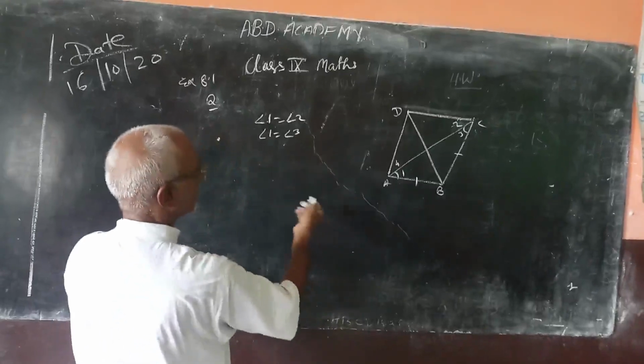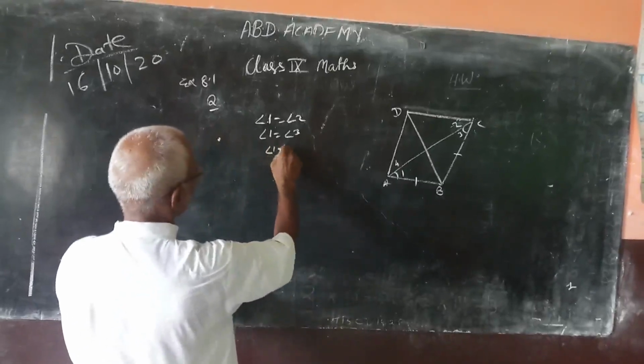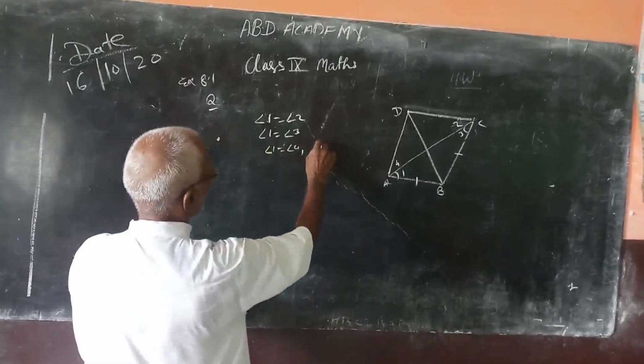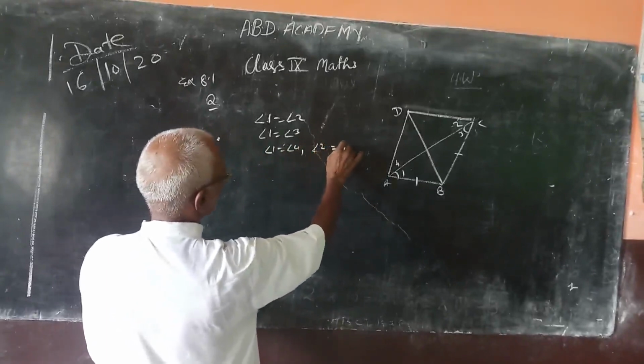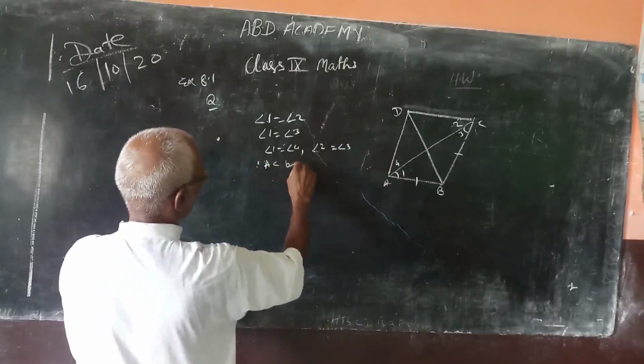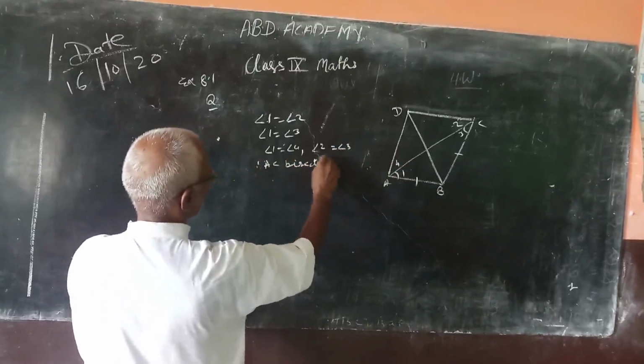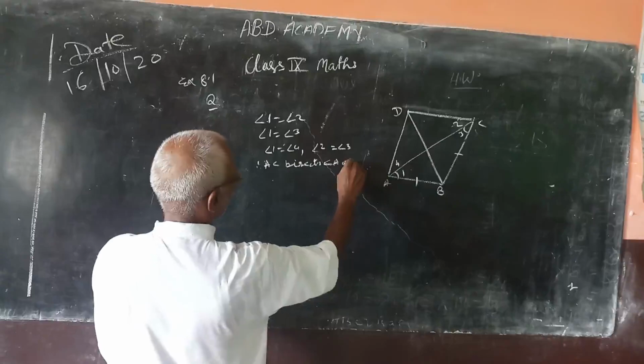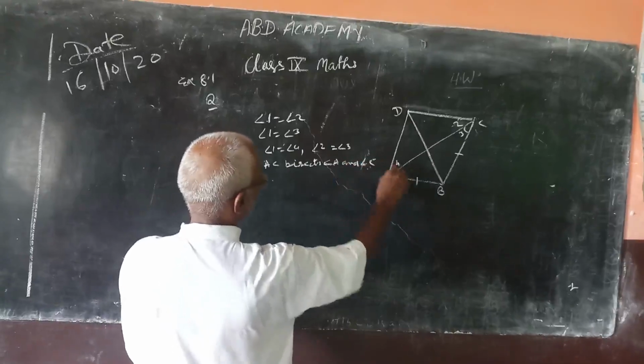Therefore, all angles are equal, which means angle 1 is equal to angle 4, and angle 2 will be equal to angle 3. Therefore, AC bisects angle A and angle C.